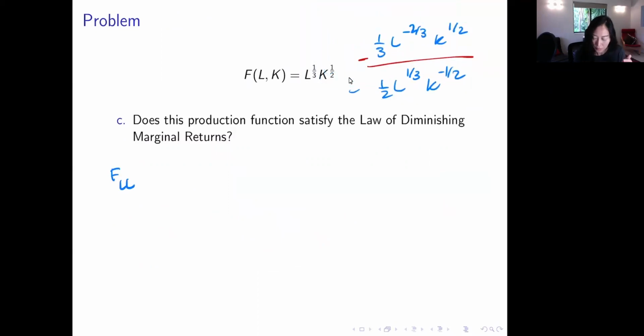So I know that this one is FL, this one is FK.